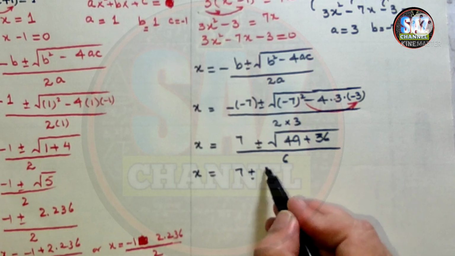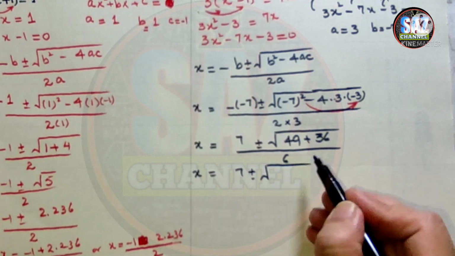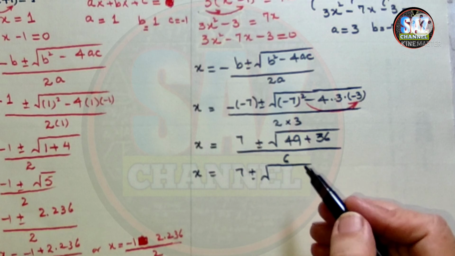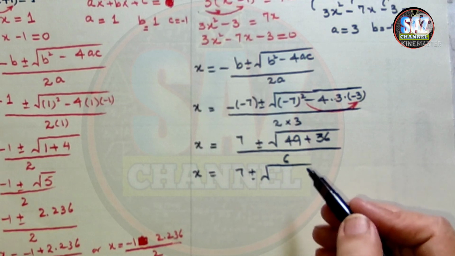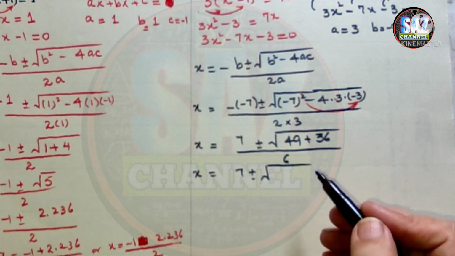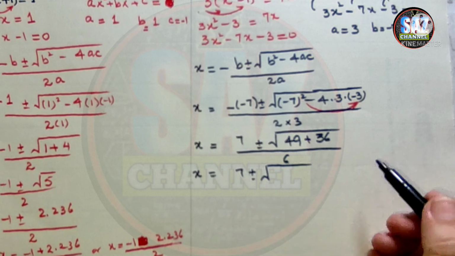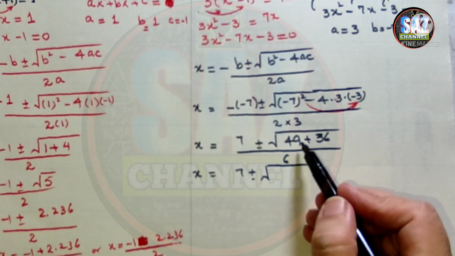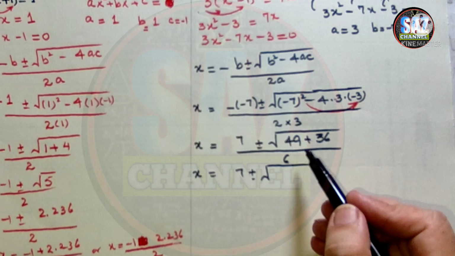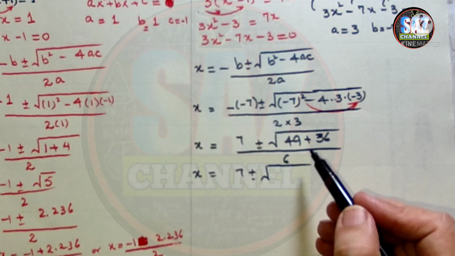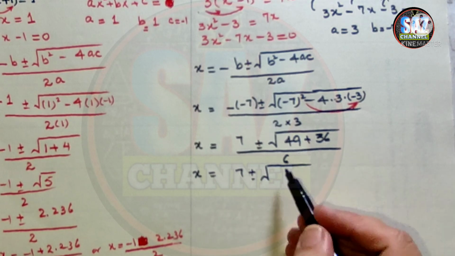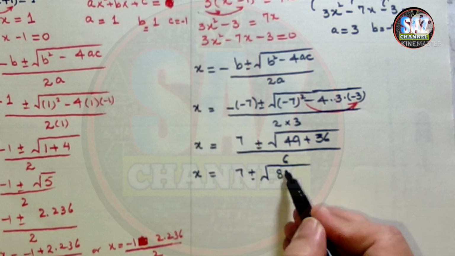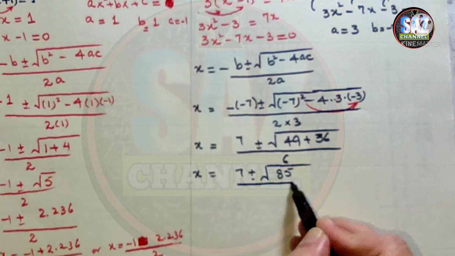Plus minus, and now add up 49 and 36. The answer will take the form 49 plus 36, and this gives me 82. No, it is not possible. 49 plus 36 is 85, divided by 6.